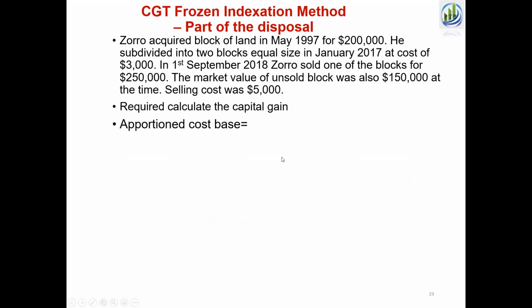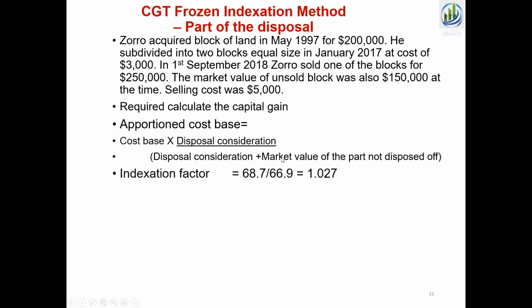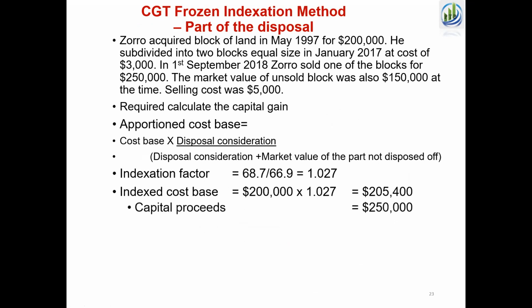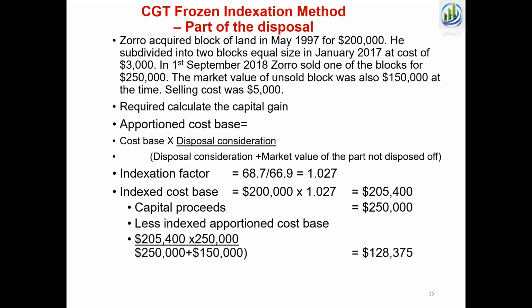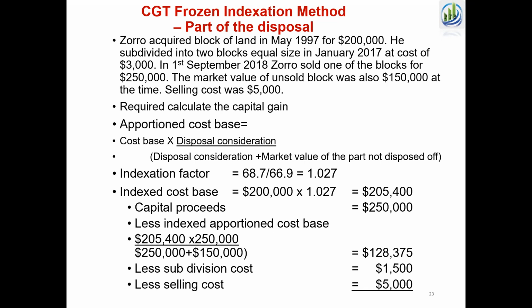Right, the part disposal, as I explained previously, the same rule will be applicable here. You're going to calculate the indexation factor 1.027 multiplied by 200,000, which is 205,400. Now capital proceeds 250,000 and indexed apportionment cost, you're going to calculate based on the revenue, that income, 128,375, and subdivision and land selling cost the same, 125,21 net capital gain.